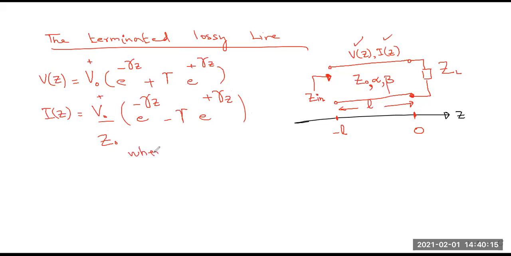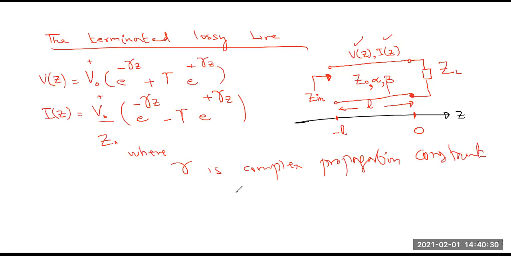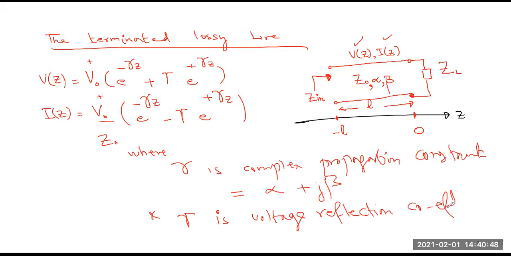Where gamma is the complex propagation constant, equal to alpha plus j beta, and this gamma is the voltage reflection coefficient at the load position.